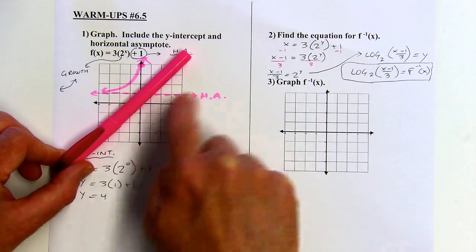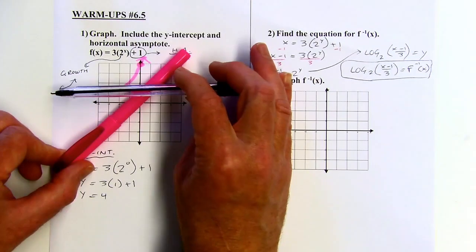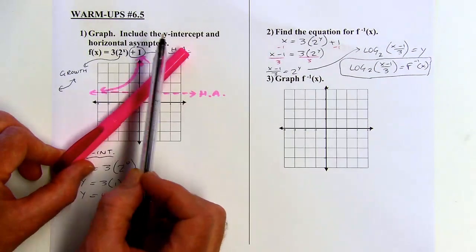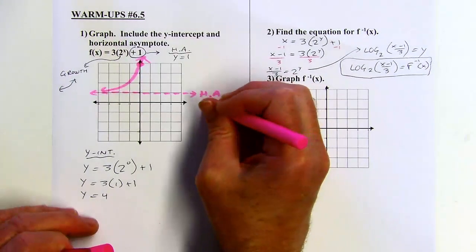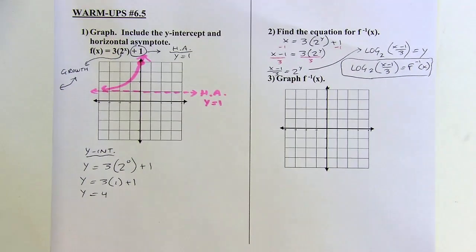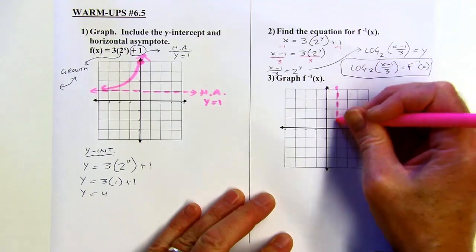I'm going to have a curve somewhere down here, but instead of a horizontal asymptote, I'm going to get a vertical asymptote. So instead of the line y equals 1, I'm going to have the line x equals 1 for my vertical asymptote.